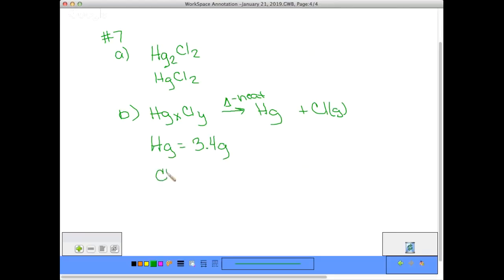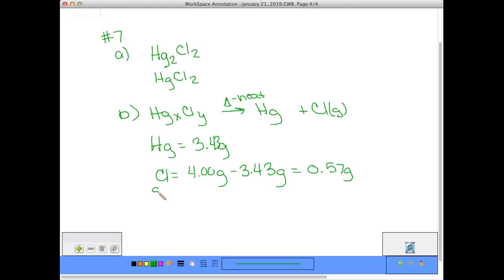The amount of chlorine is, if I start off with 4 grams and 3.43 grams of that is mercury, the rest, 0.57 grams, is chlorine. Now we can calculate our percent composition.